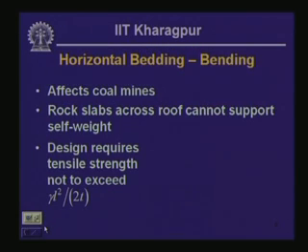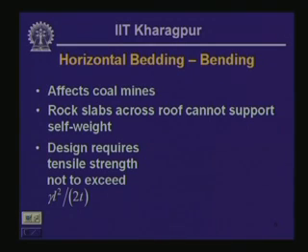Okay. The first problem that we consider here is related to a tunnel constructed through a bedrock mass which has got horizontal bedding plane. Now, here the structural nature of the problem is dictated by bending failure, by tension caused by bending.